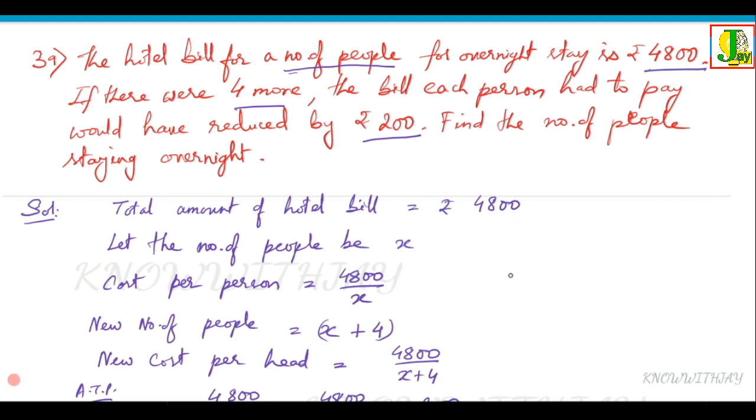So the total amount of the hotel bill is rupees 4,800 and the number of people, let us assume it to be x. Cost per person should be 4,800 divided by x. Then as per the new condition, we have 4 people more, so x plus 4, and the new cost per head would be 4,800 divided by x plus 4.